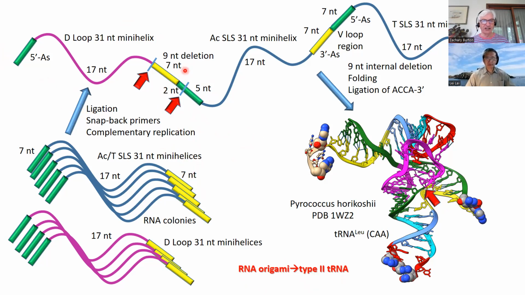So you can either process them into more mini helices by processing there and on the ends, and you get more of these, or you make a mistake and you process here and you get this. And this is an advance in chemical evolution because this is a molecule that can teach itself to code.